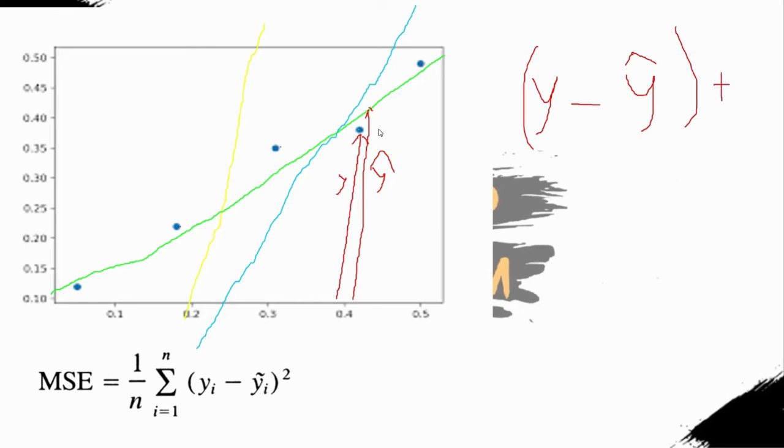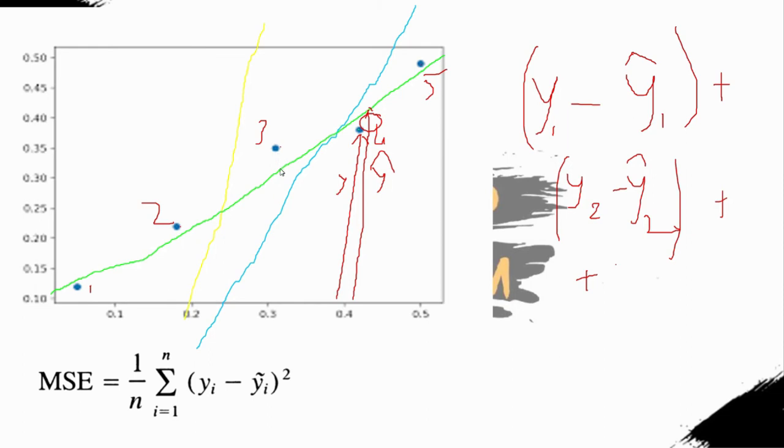For example, if I denote these as points 1, 2, 3, 4, 5, then y1 minus y1 hat, y2 minus y2 hat, and so on. I add all these errors, which I'm actually making, because these are nothing but errors, right?